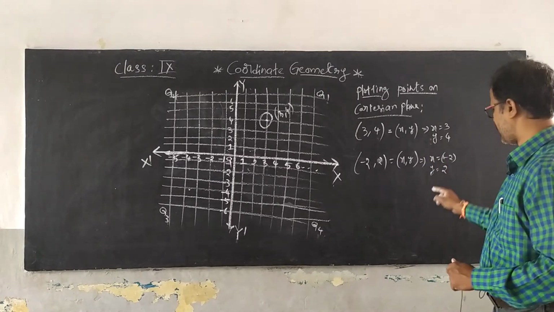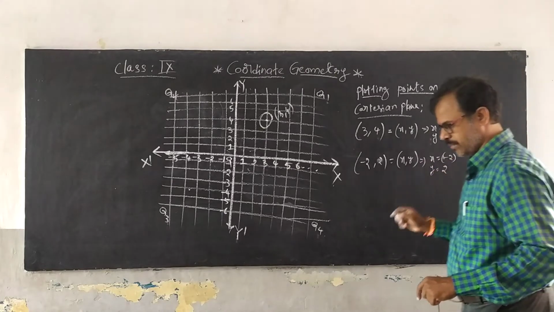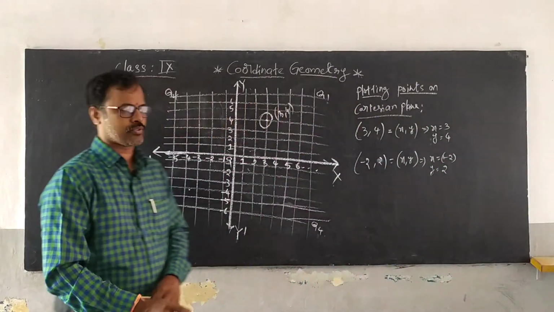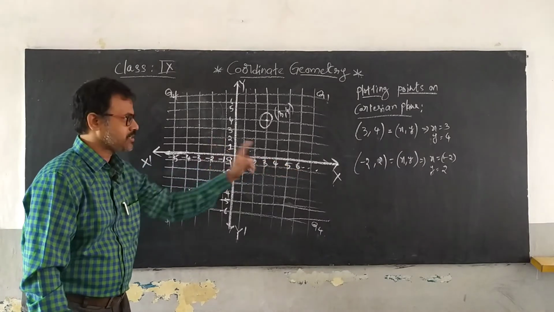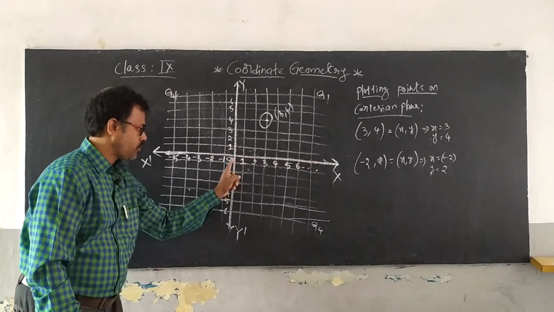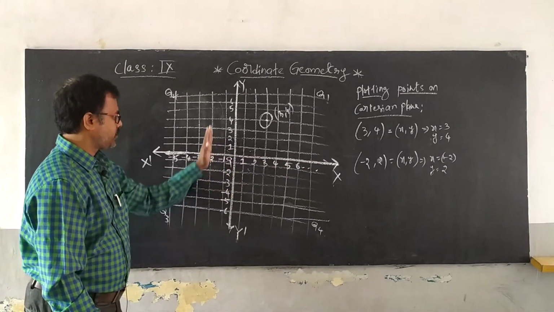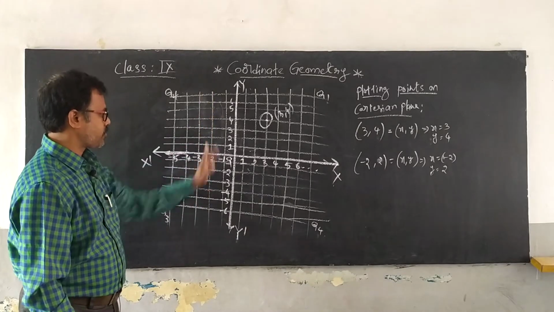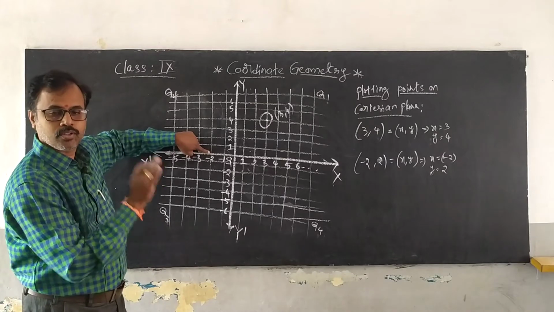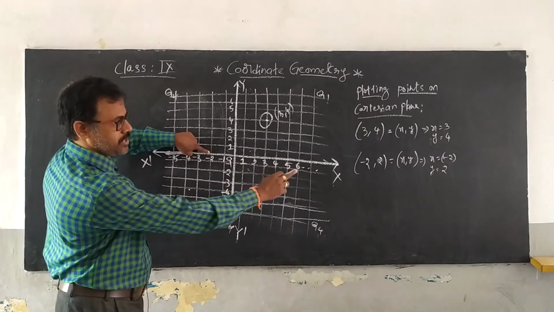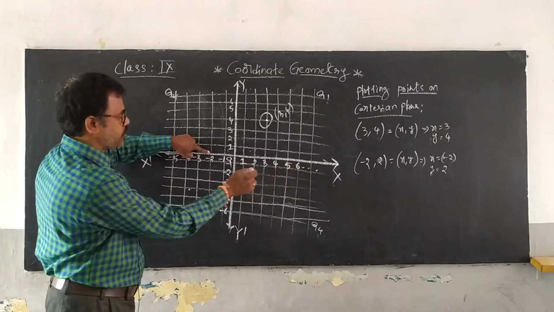Now you want to plot the point. Where do you see x equal to minus 2 on the x-axis? 0, minus 1, minus 2. This line gives you x is equal to minus 2. So we are standing at this position. Don't put the point yet. And what is your next value? Y is equal to 2.